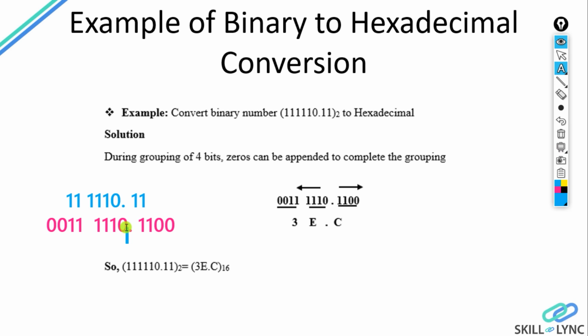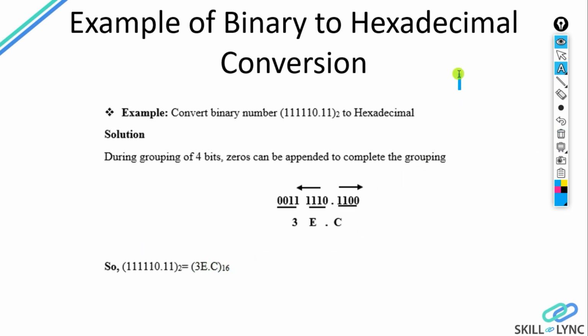Now see, 0011. Just apply the rule 8421. It is 3. Now 1110: 8, 4, 2, so 14. 14 means E. Dot. 1100: 8 plus 4, 12. 12 means C. So the answer will be 3E.C with base 16.